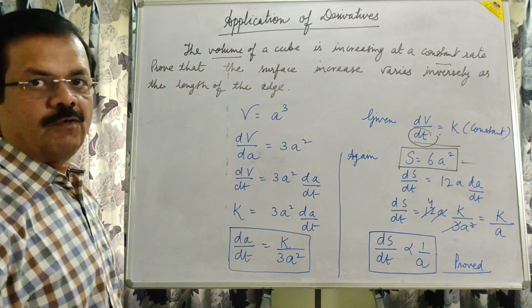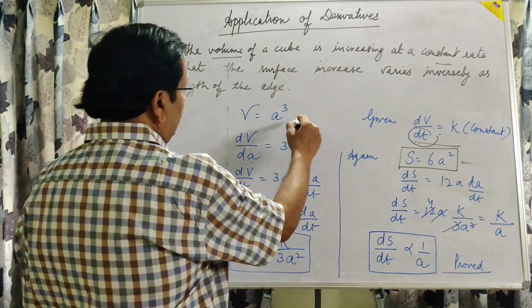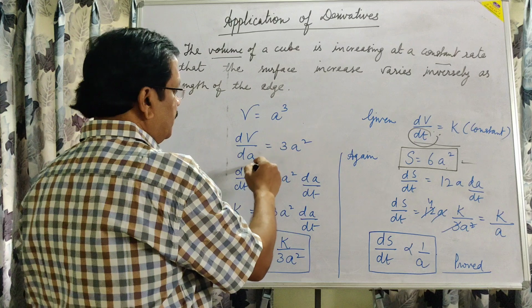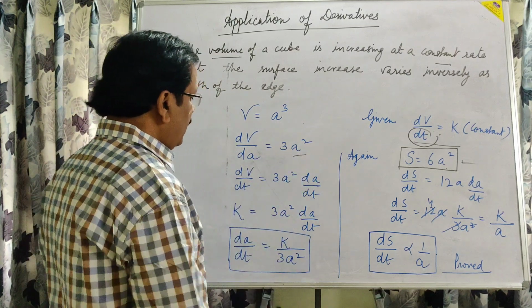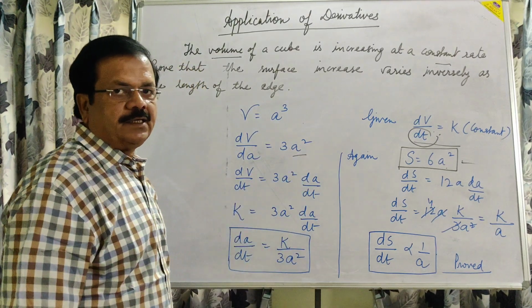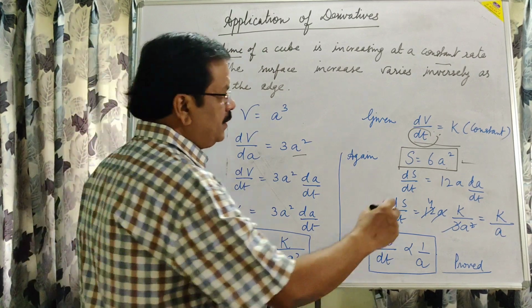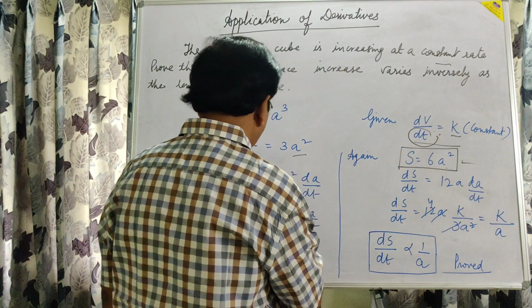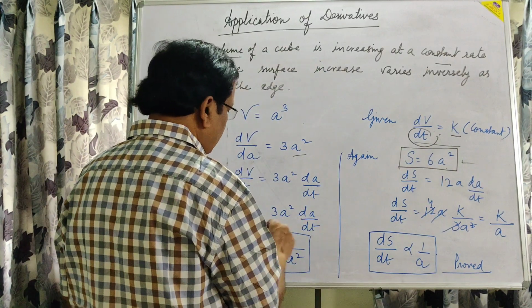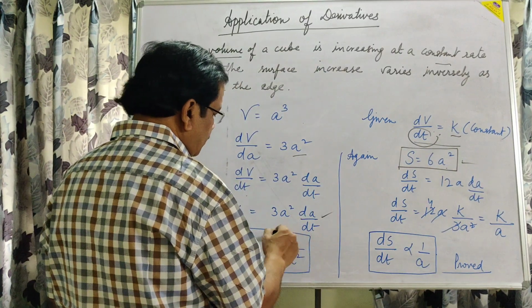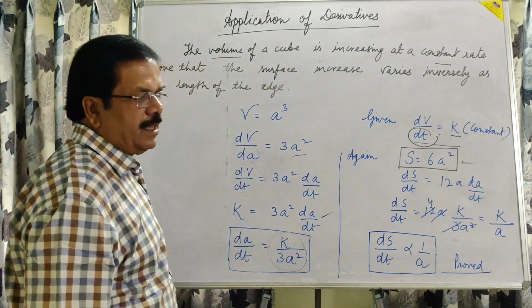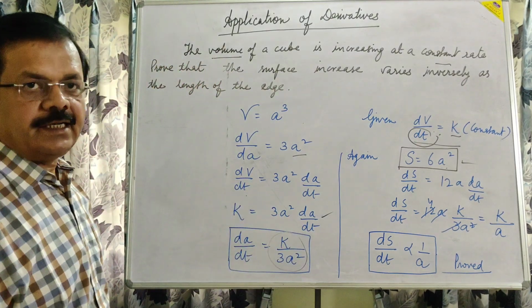First of all, the volume of the cube is equal to a cube, and this will be differentiated with respect to the side, and then divided by dt, so that we can substitute the value of dV/dt as k here, and get the value of dA/dt in terms of k and a.